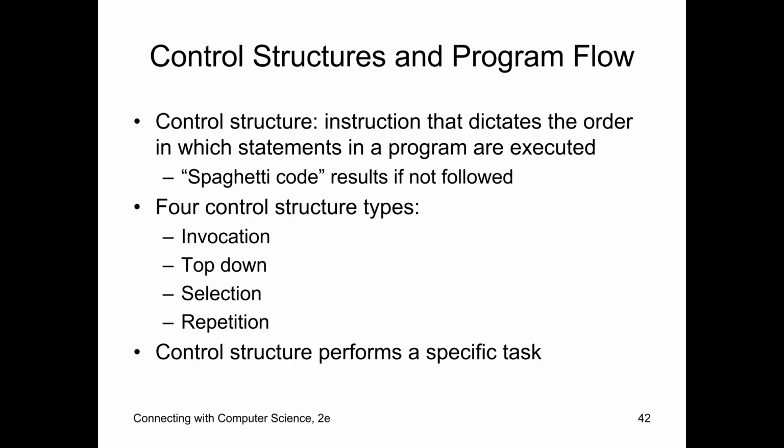If you do not have a good control structure, you get spaghetti code. What's spaghetti code? Next time you have spaghetti, and you drop those noodles on the plate, try to find the end of a noodle and trace it through to the very end. And that's spaghetti code. And this was running rampant.